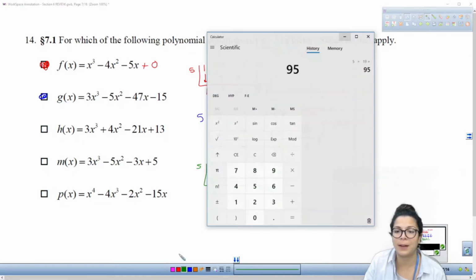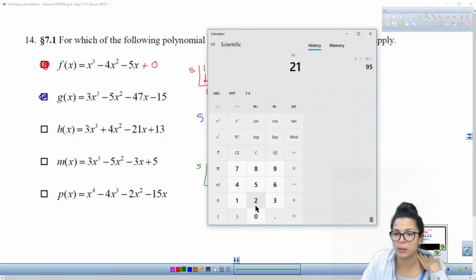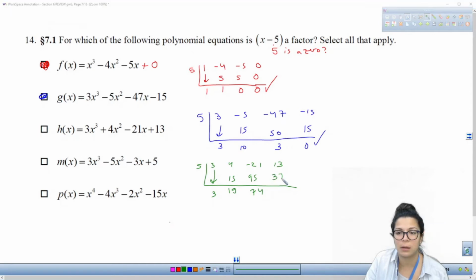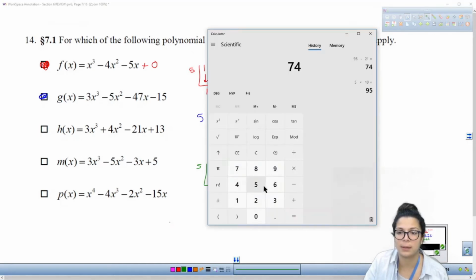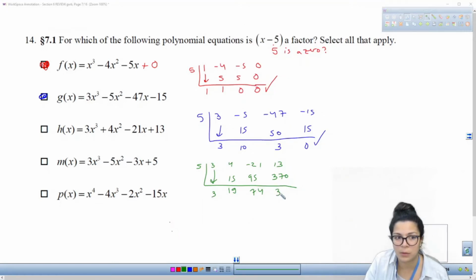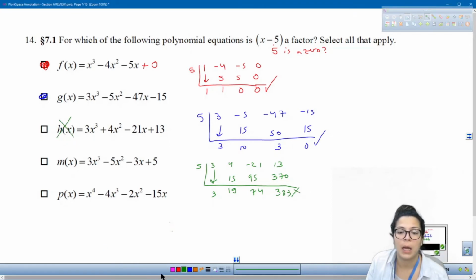Add vertically, 95 plus negative 21 is 74. And then 74 times 5 is 370. Let me just verify that. Yep. And then add vertically, we get something that's not 0. Okay, it's 383, but it's not 0, so that one doesn't work.